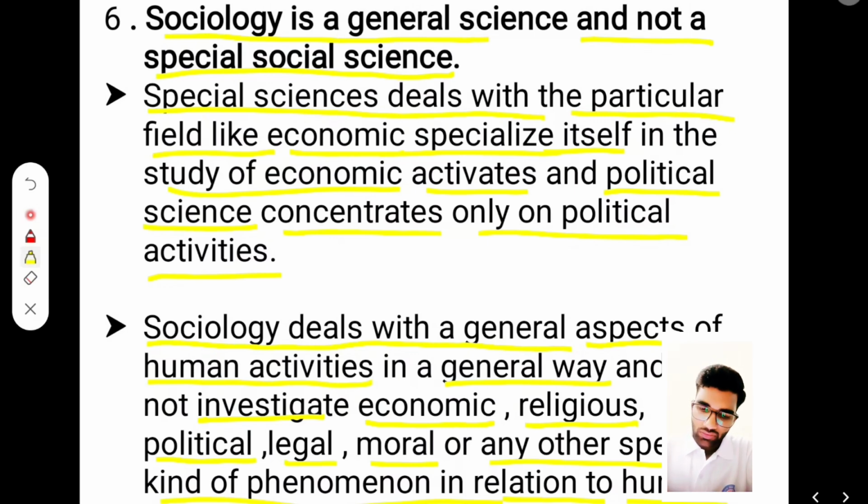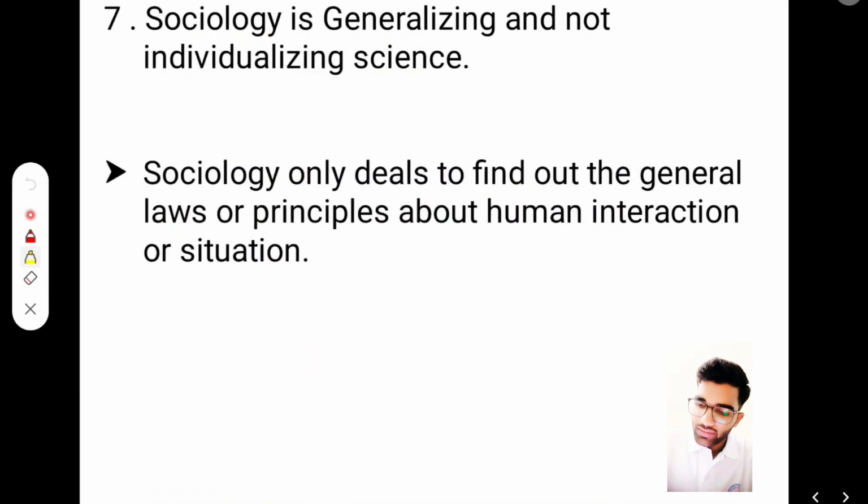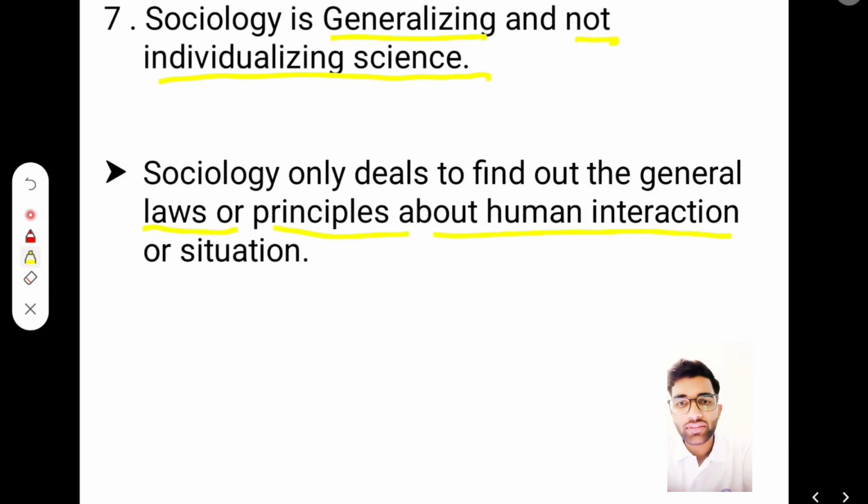Next, sociology is a generalizing and not an individualizing science. Sociology only tries to find out the general laws and principles about human interaction or situations.